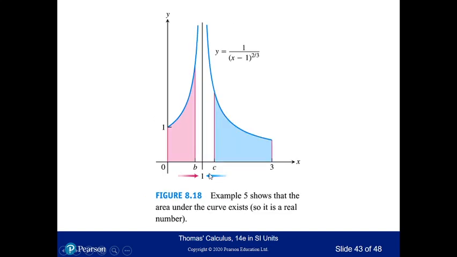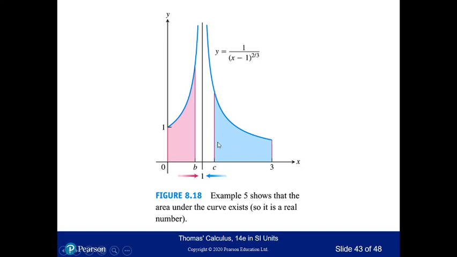And let's look at this. We have this function from 0 to 3, but at the point 1, there's a problem. At 1, there's a discontinuity. So we are going to separate this integral into two, 0 to 1 and 1 to 3. At 1, there's a problem, so we take a point b before 1, calculate this region, and let b approach 1 from the left.